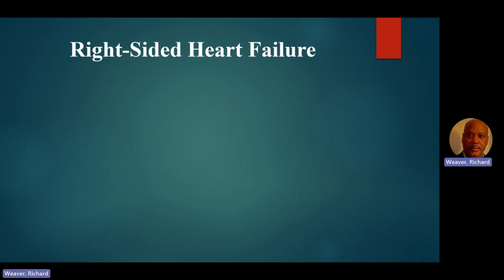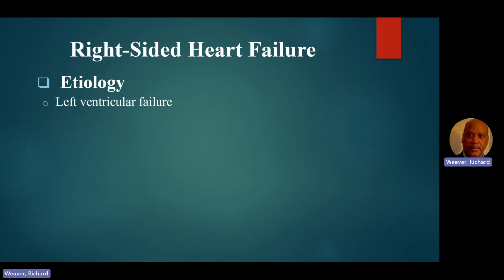As far as right-sided heart failure is concerned, the etiology is left ventricular failure. Usually the left side fails, and if that is not managed properly, the right side will eventually fail. This is because when the left side cannot push contents forward, that creates a lot of pressure that the right ventricle has to try to overcome, and that causes an enlargement of the right ventricle.